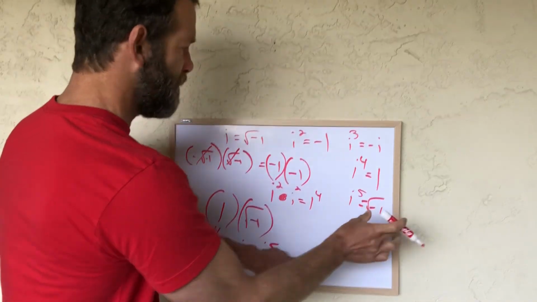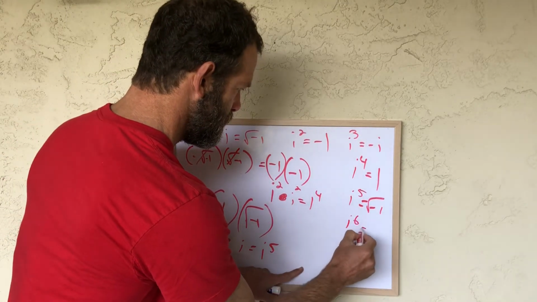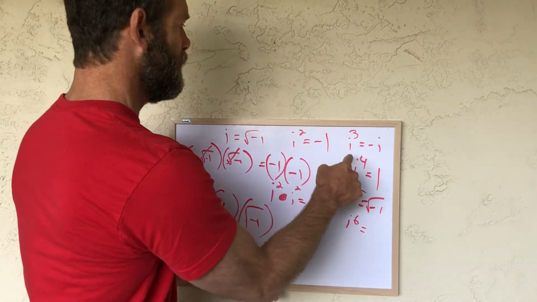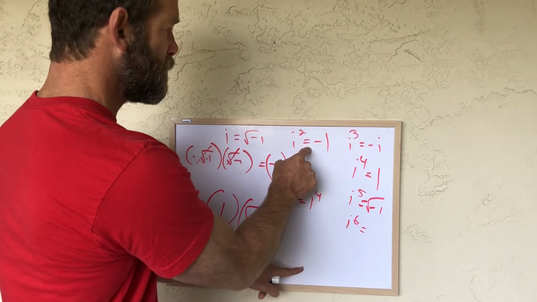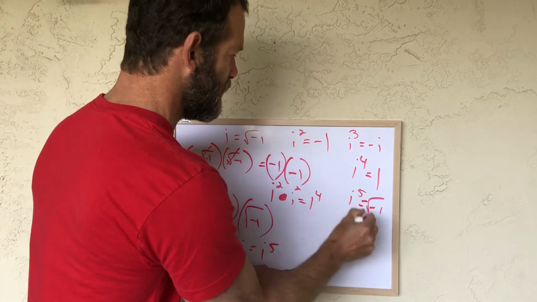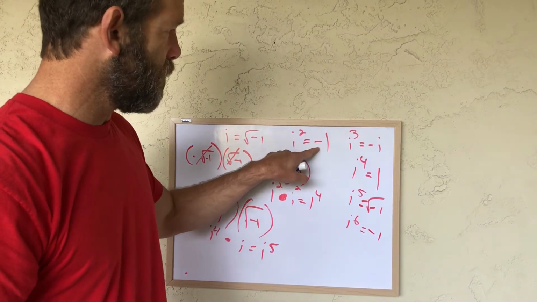Or you can simplify it as i to the sixth: 1, 2, 3, 4, 5, 6. i to the sixth is -1, because, remember, i squared is -1.